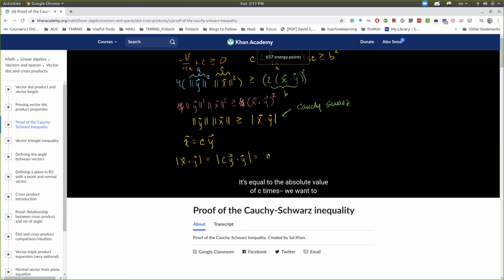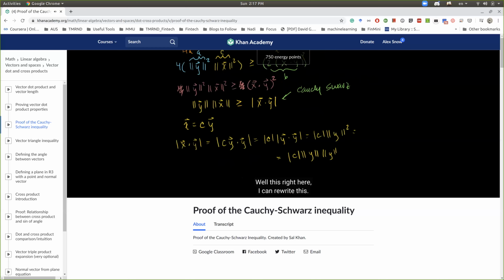We want to make sure our absolute values keep everything positive. Well, this is just equal to c times the length of y squared, which is equal to the absolute value of our scalar c times the length of y times the length of y.